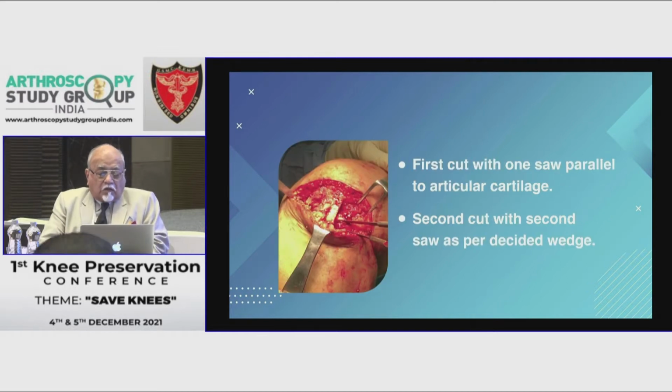First cut should be put with the saw parallel to the articular cartilage, 1 centimeter below the articular cartilage, and second cut with second saw as per decided wedge.